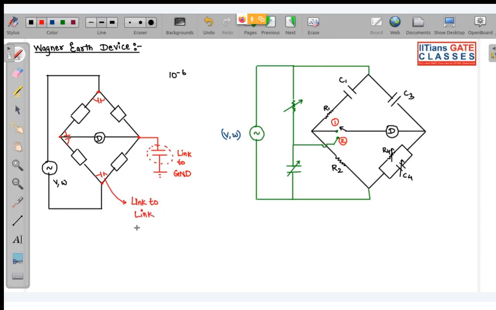So these values are approximately 10 to the power minus 9, in the range of nano. So when you are measuring a capacitance value, these things give us errors. So we have to avoid these errors. So now what do we do? We have the Wagner Earth device.